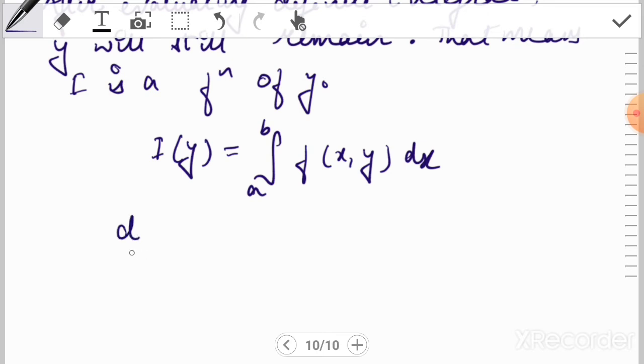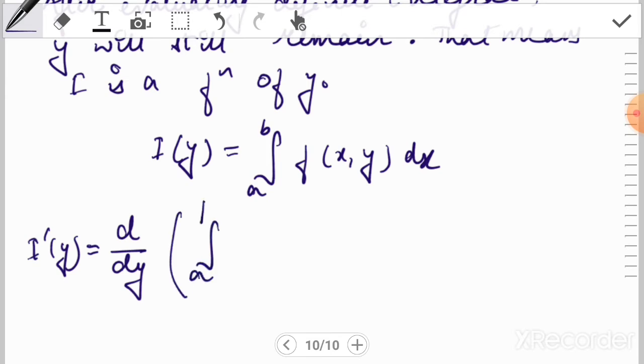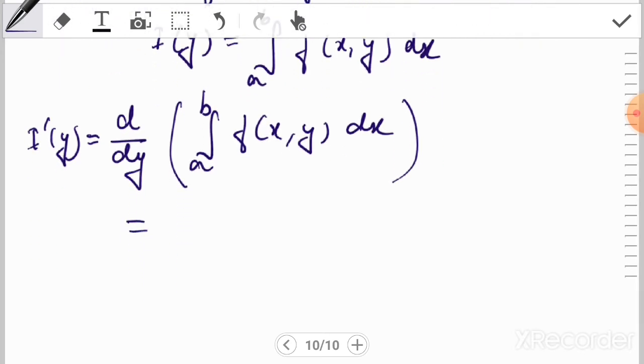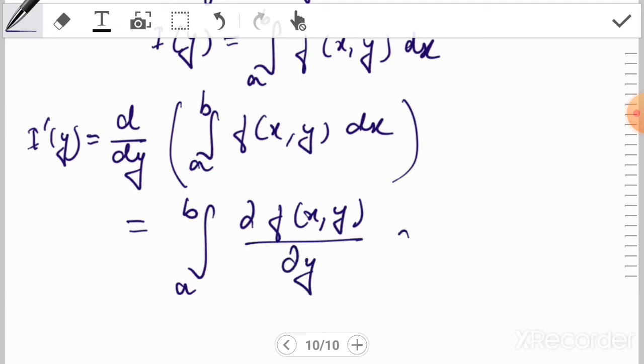Now by Leibniz's rule, d/dy, that is I'(y), is equal to the integral from a to b of f(x, y) dx differentiated, which equals the integral from a to b of the partial derivative of f(x, y) with respect to y, dx.